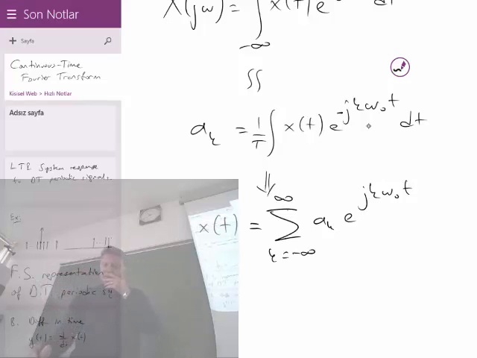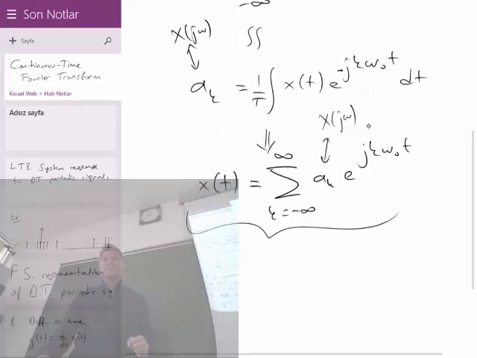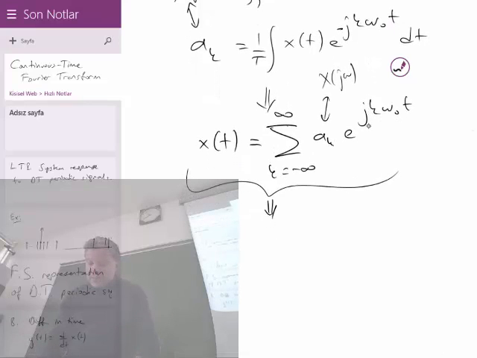So this a_k has a relation to x of j omega here and here. And this summation formula is reduced to a limiting case to produce something that is precisely the same as the inverse Fourier transform.